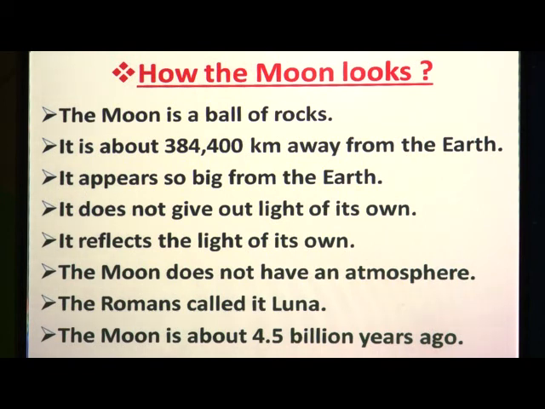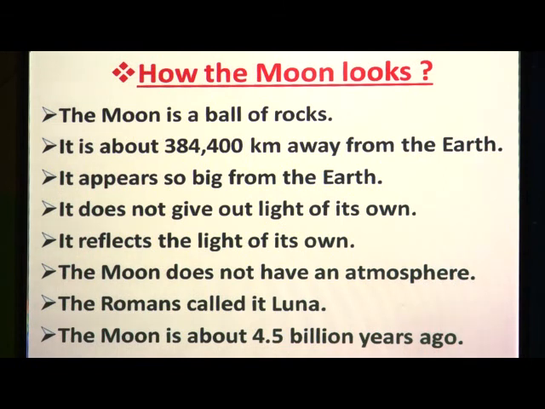Students, in your textbook you can see the picture of the moon, or at night you can see the moon, or you can see images of the moon, but we see only the outer structure of the moon, that it looks like a ball.